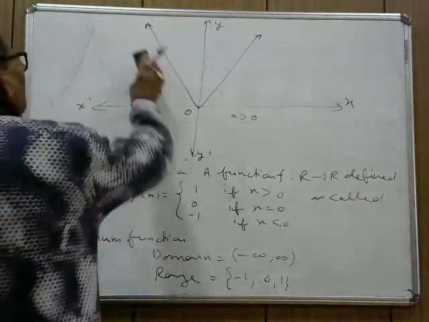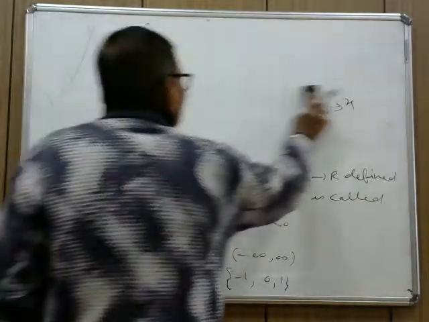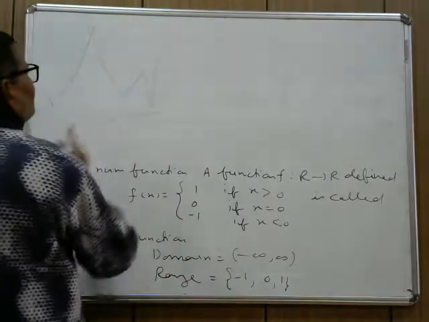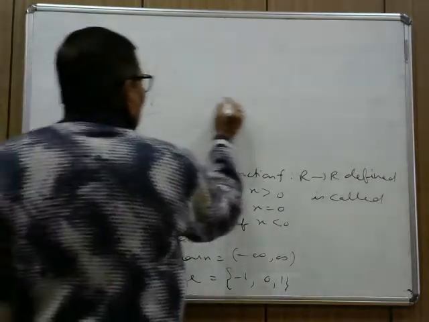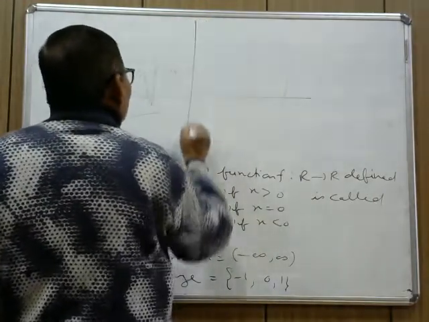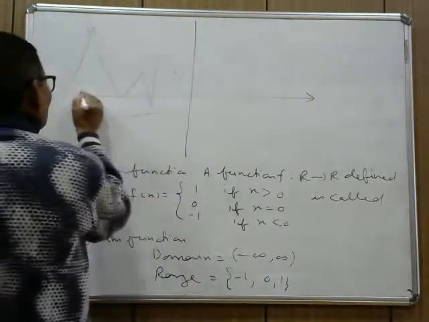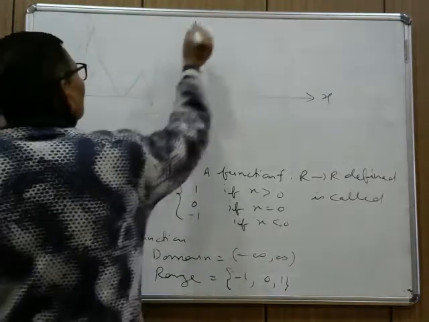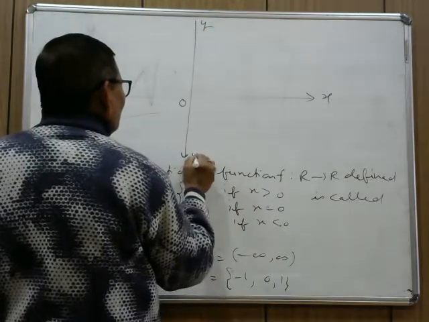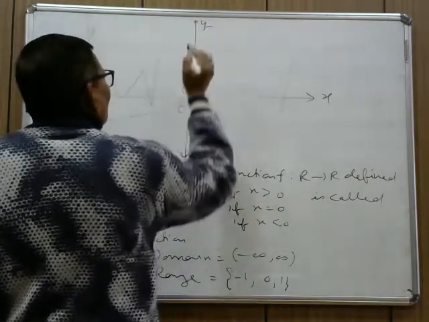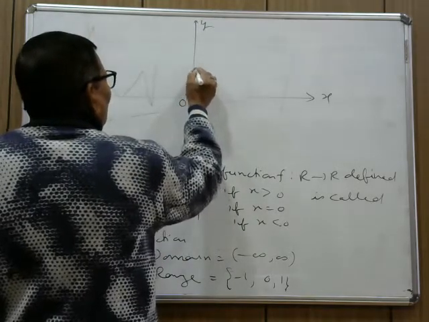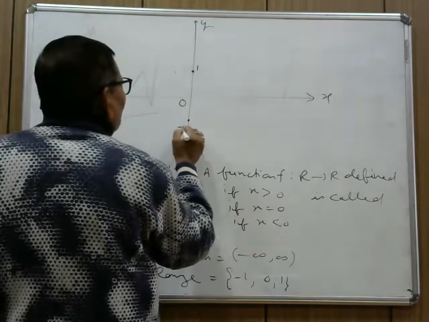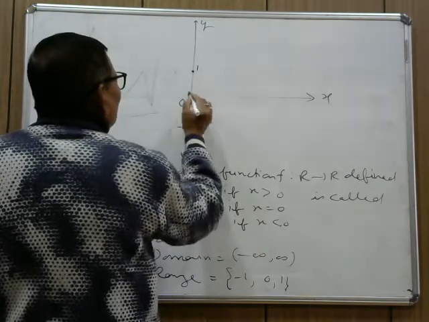Now you see the graph of the signum function. This is plus 1, this is minus 1, and this is the point 0.